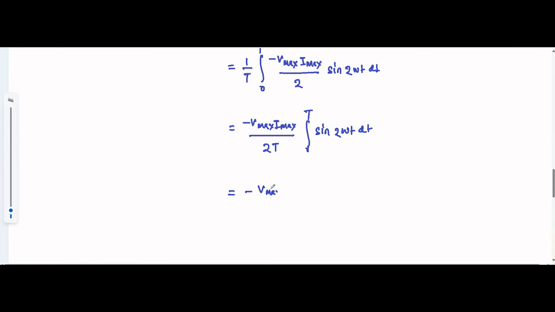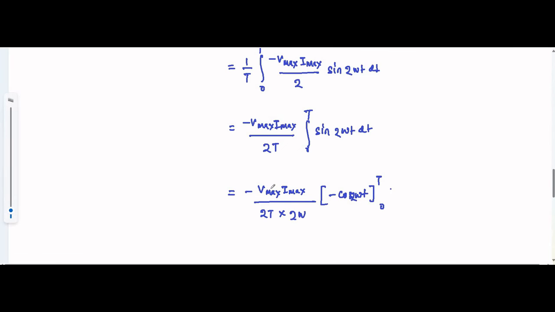So this is equal to minus Vmax Imax by 2T into 1 by 2 omega, and this will be minus cos 2 omega t evaluated from 0 to T, because 2 omega behaves as a constant here. We are integrating with respect to t.